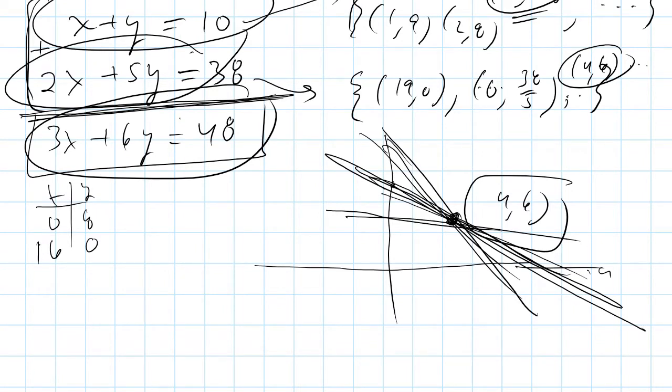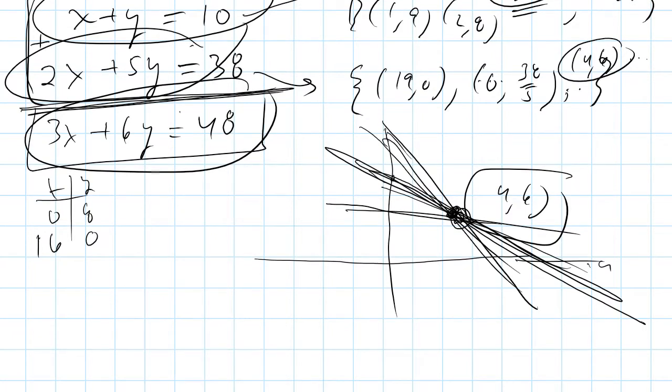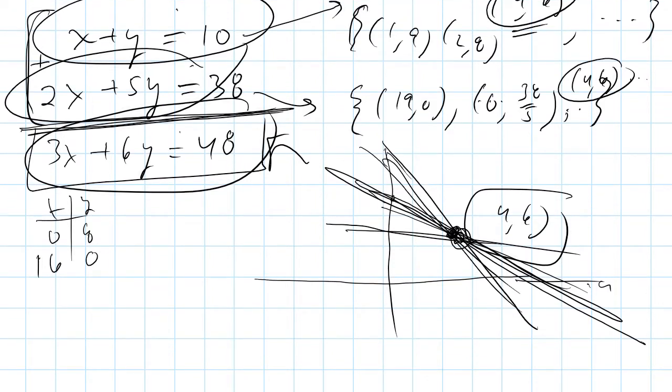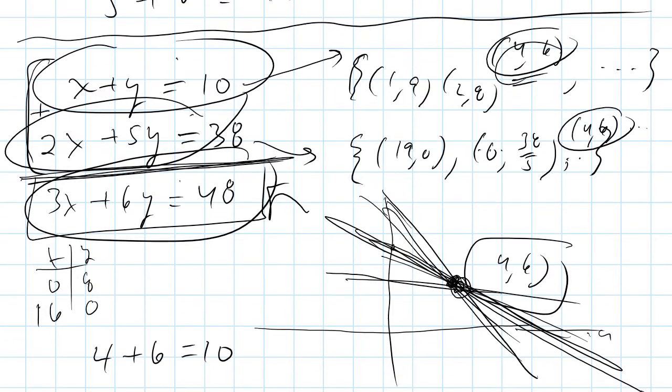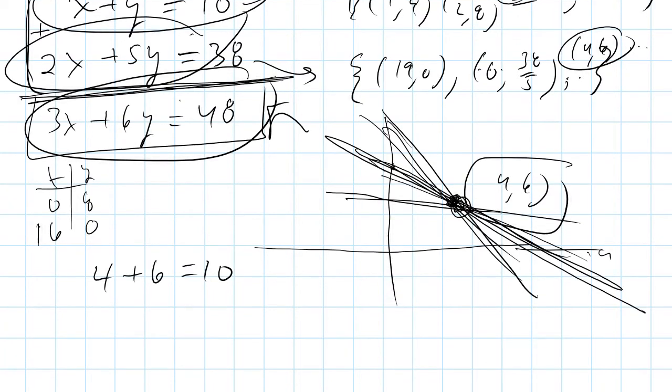And what I like about this is that I can justify why this new equation is going to have 4, 6 as part of its solution. Because if I take the 4 and 6 and substitute them for x and y, 4 plus 6 equals 10. That's true because 4, 6 is part of the solution set of this first equation.